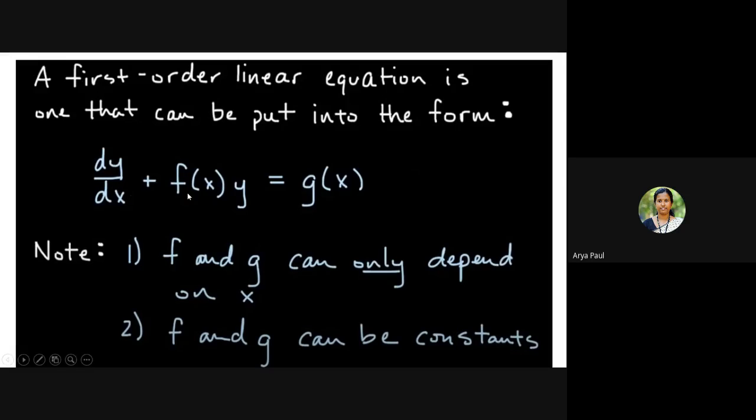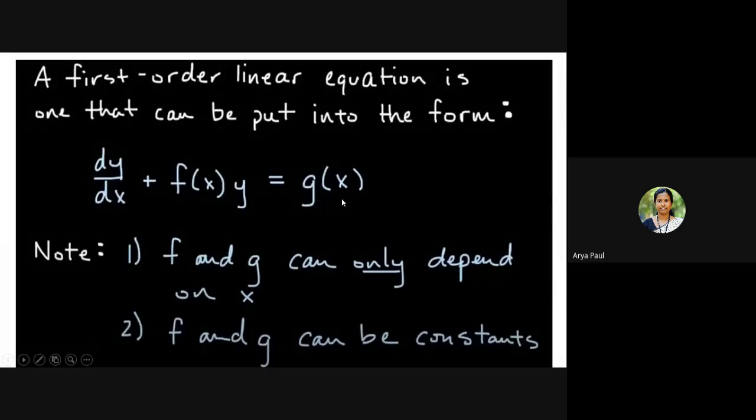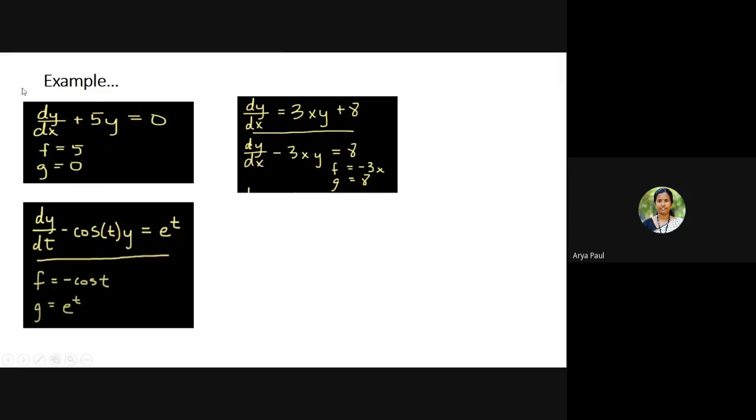Dy by dx plus f of x into y is equal to g of x. I hope this is clear. Now we will see an example: dy by dx plus 5y is equal to 0. Here what is the value of f?